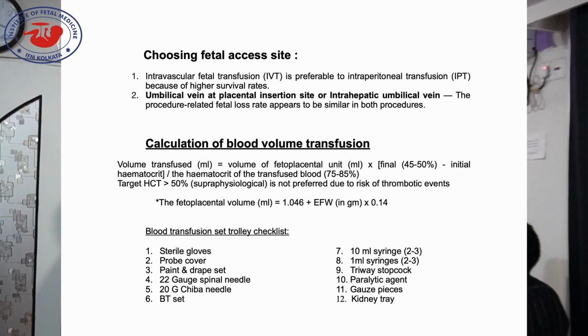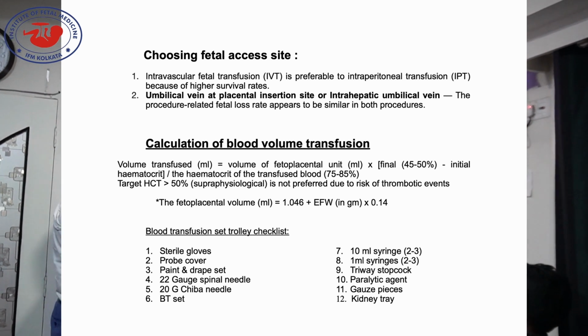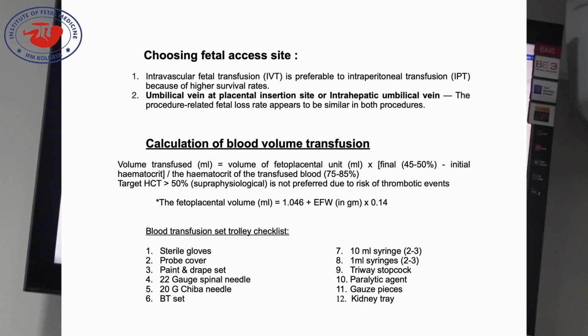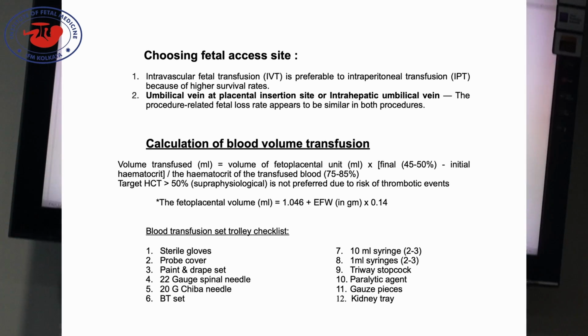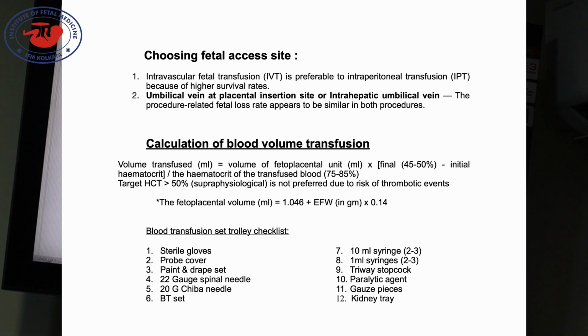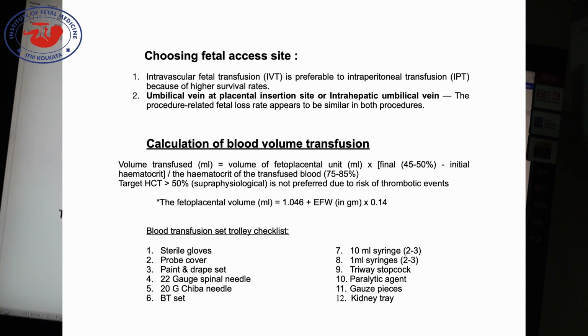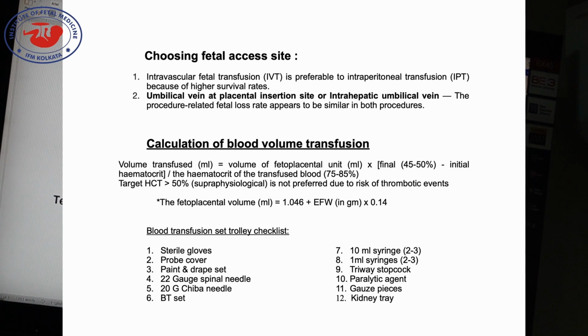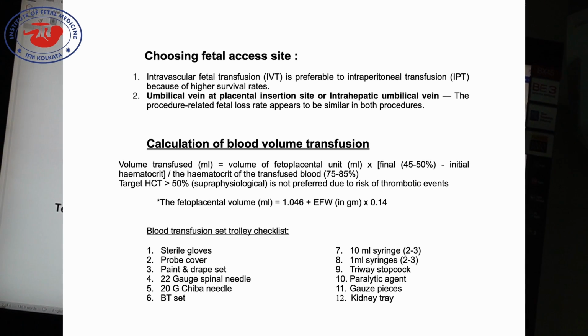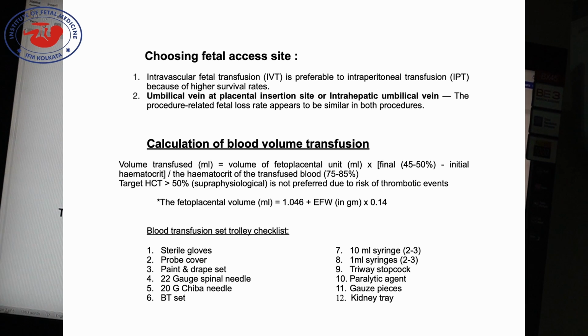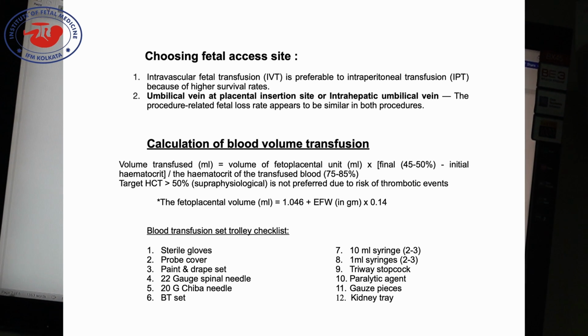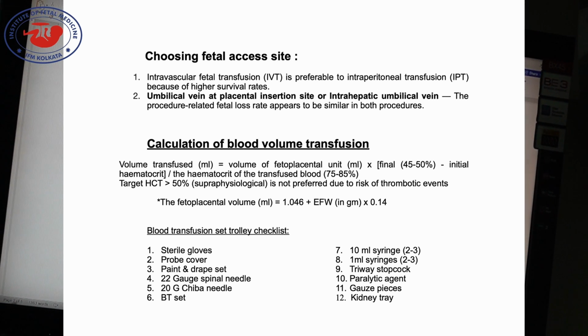Now, this is the checklist for your trolley preparation. Gloves, probe cover, drape set, 22 gauge spinal needle, 20 gauge Chiba needle, that long 15 centimeter Chiba needle, one blood transfusion set, 10 ml syringe, 1 ml syringe, then a 3-way stopcock, and a paralytic agent if you wish to.